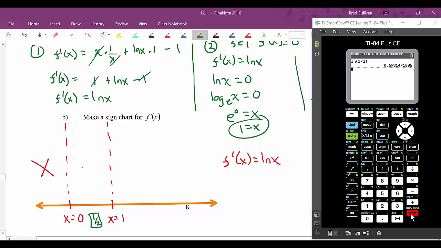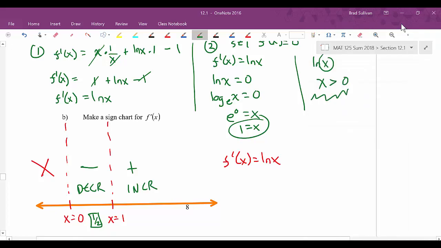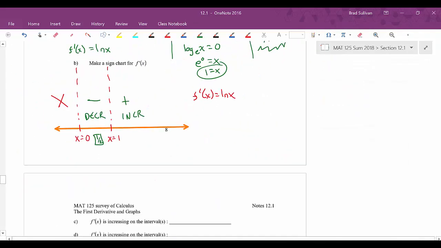Okay, so that's a negative, which means the function decreases. And then if you do an ln of 1, you get 0. Well, that's where the derivative is 0. That's a critical point. And then if you did the ln of a number bigger than 1, you'll get a positive. So you're going to increase like that. So you can use your calculator to kind of assist you with your analysis there.